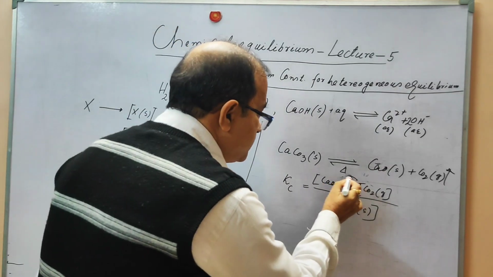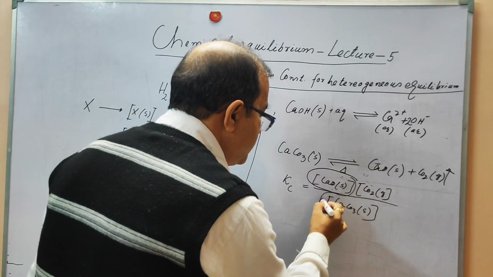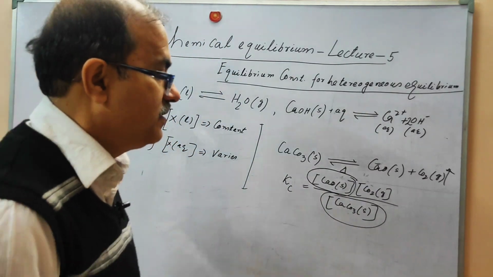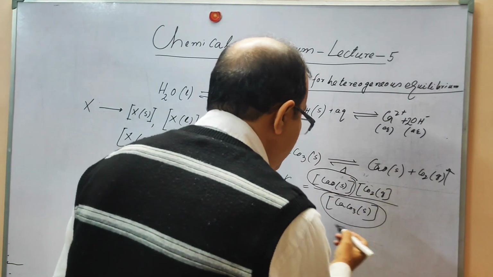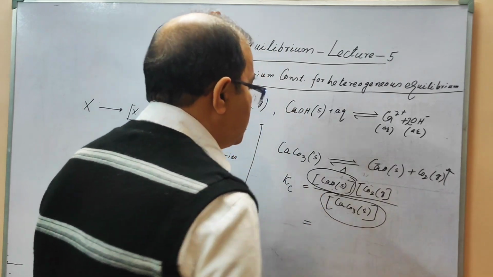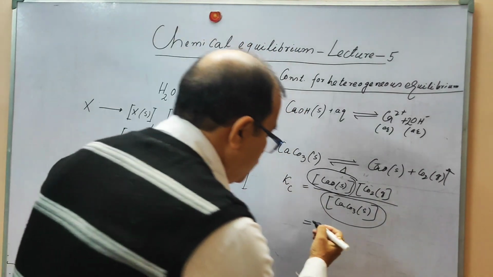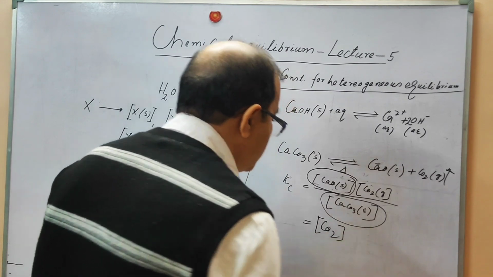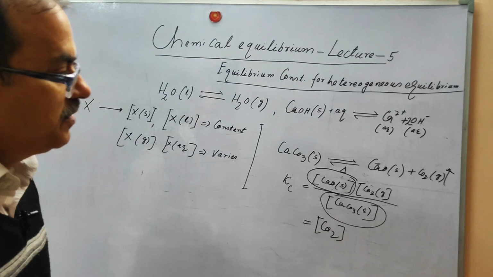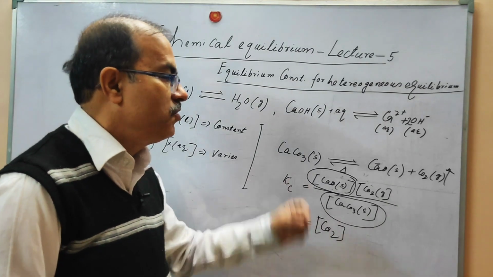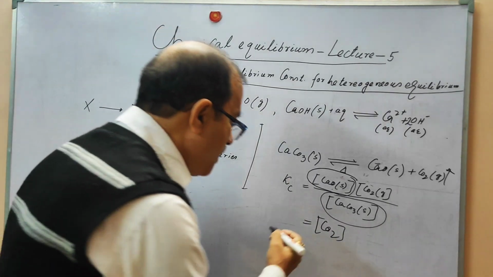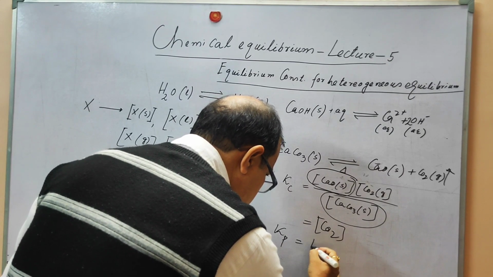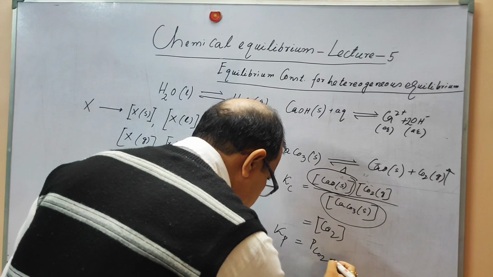The molar concentration of a pure solid has a constant value, so we can omit these and simplify the equilibrium expression to the concentration of the CO2 gas. When expressed as Kp, it is the partial pressure of carbon dioxide.